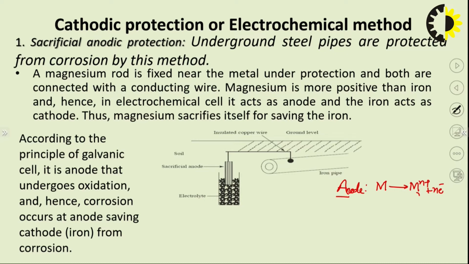Whereas these electrons are accepted by the ions which are present at the cathode to complete the reaction. In this case, I am considering an acidic environment. In acidic environment, we get H plus, and these electrons are accepted by H plus to release hydrogen gas.